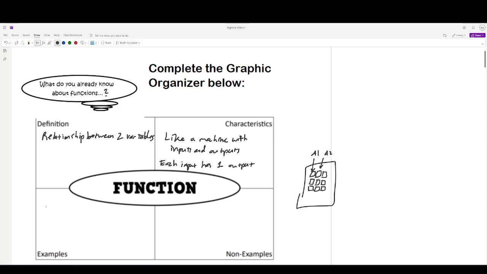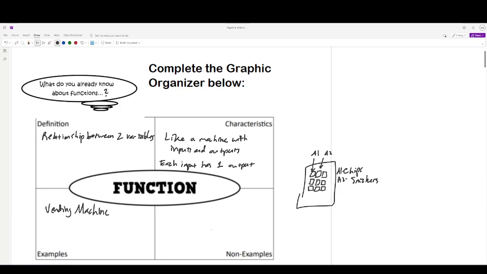If I put in money and I pick A1, I'm going to get chips, whatever it is. So A1 gives me chips. A2 gives me Snickers, or whatever it might be. So each code I put in gives me a specific item.